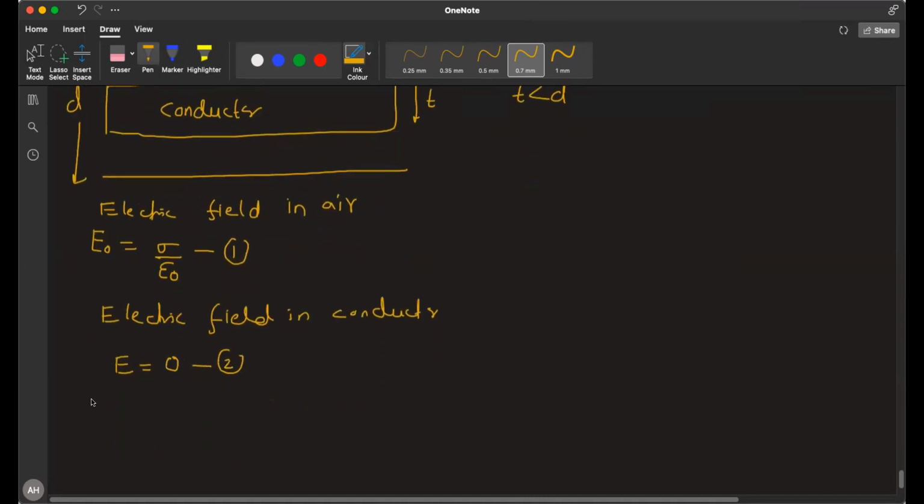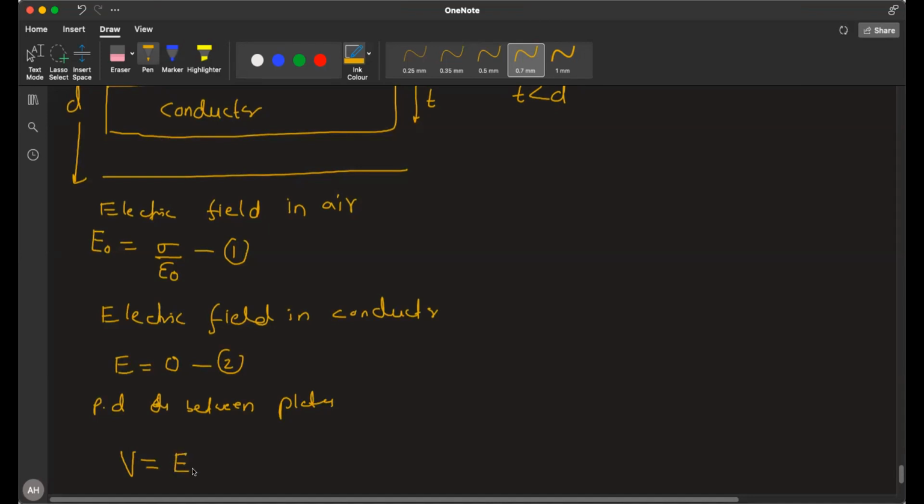You can calculate potential difference between plates. How do we calculate potential difference if we have field? This we did in the last three calculations. So it's E into d.